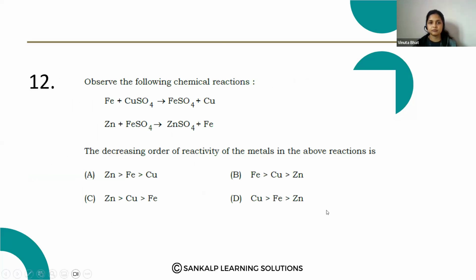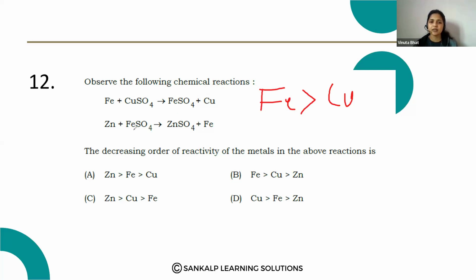Next question. Observe the following chemical reactions. When iron reacts with copper sulfate, iron sulfate is formed and copper is displaced. Iron is able to displace copper from copper sulfate, which means iron is more reactive than copper.